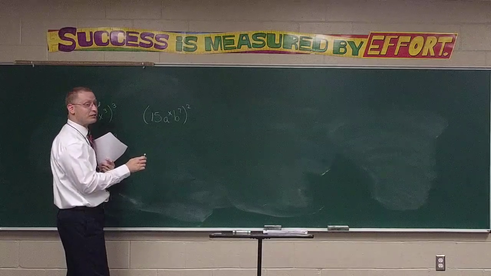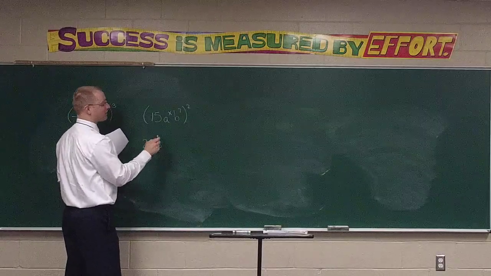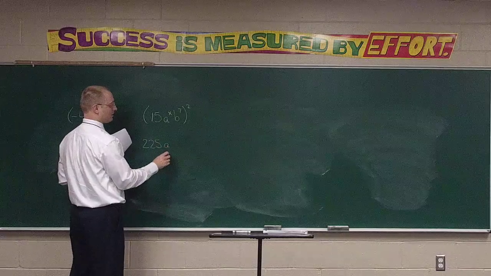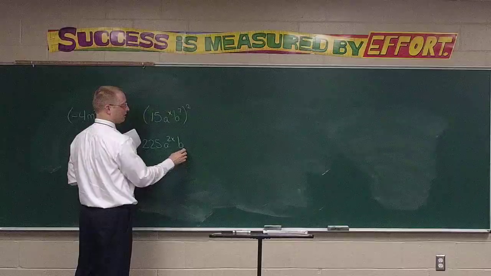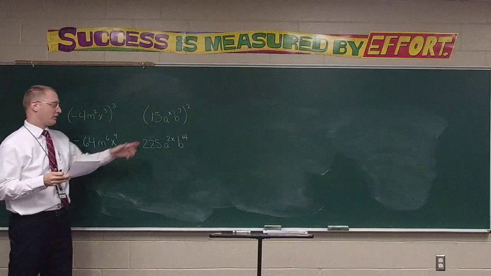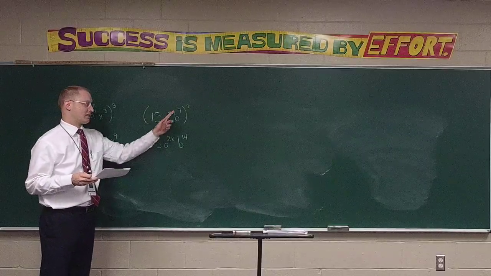And the year after. Class, 225. There we go. 225, a to the 2x, b to the 14th. Don't let the literal exponent throw you off. Noah did. Just multiply. x times 2 is 2x.